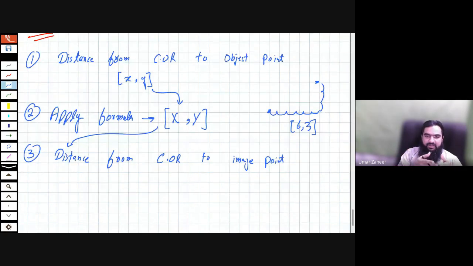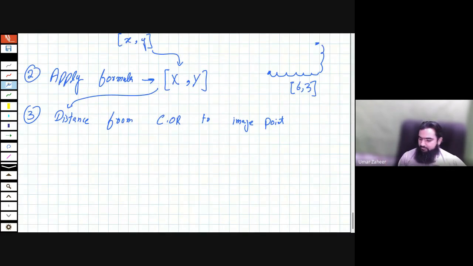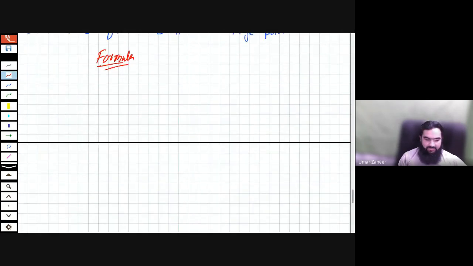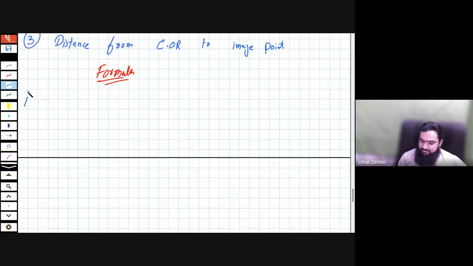The third thing is the distance from the center of rotation to the image point. Now, the question is, what is the formula? We have to apply the formula. So what is the formula here? If the examiner says you have to do the 90-degree clockwise rotation or 270-degree anti-clockwise rotation.